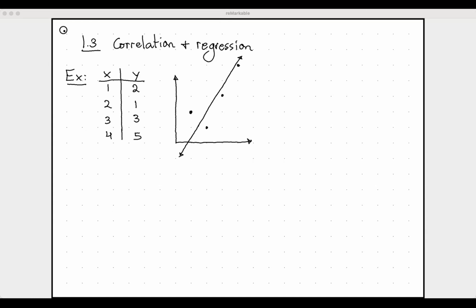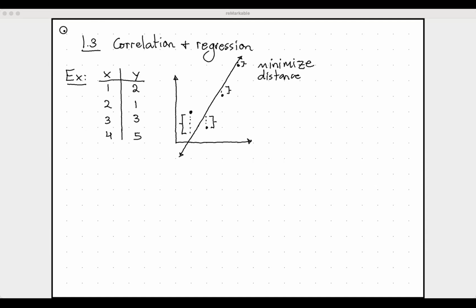So what I'm really doing is trying to minimize this distance. If I can find a line that minimizes this y distance between all of these points and the line, I will have achieved my goal.